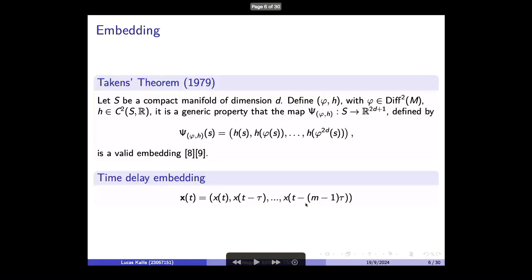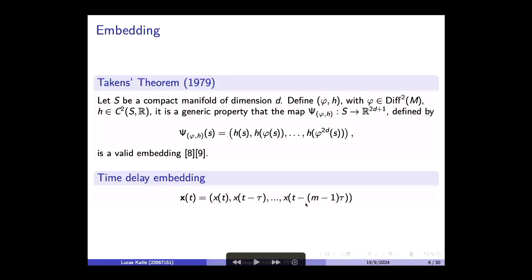Taking a different step to embedding, which stems from Takens' theorem, which is saying that if you have a compact manifold and you have a continuously differentiable flow that defines an attractor, the attractor can be represented in a higher dimensional vector of a time series arising from the attractor.